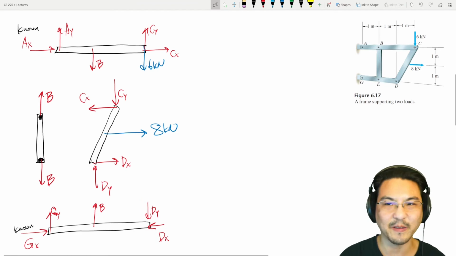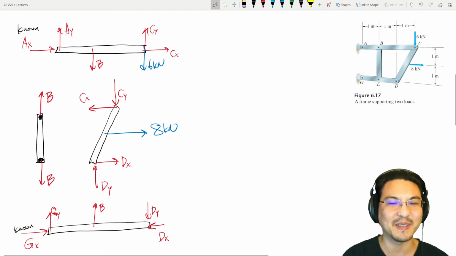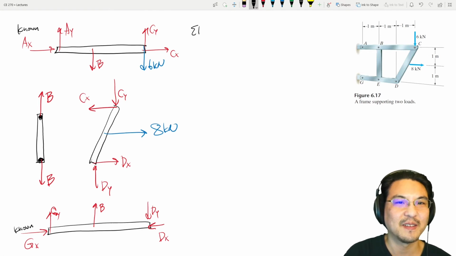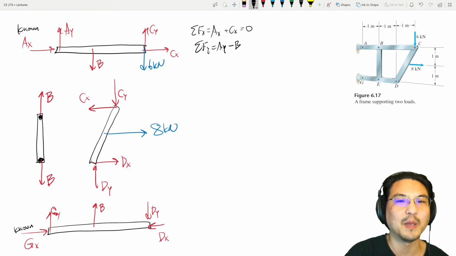Okay, so let's get everything to fit on one page. Now let's write some equations to solve this. So let's start with this first one. Sum forces in x, we got ax plus cx. That's it. Y direction, ay minus b plus cy minus 6 kilonewtons.